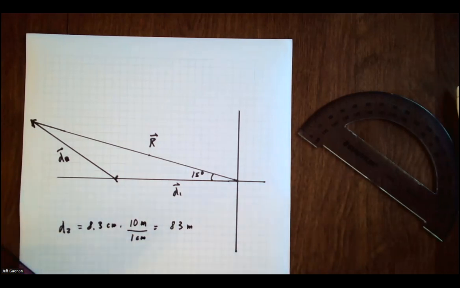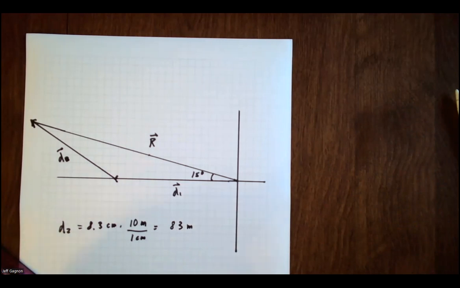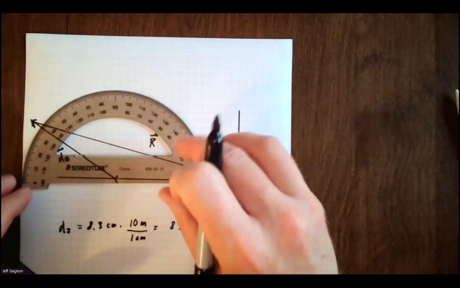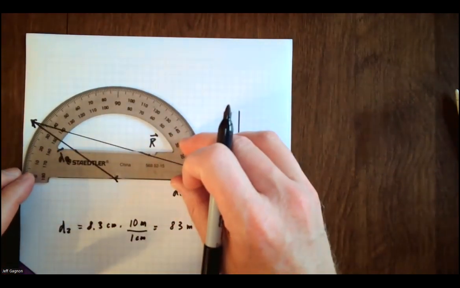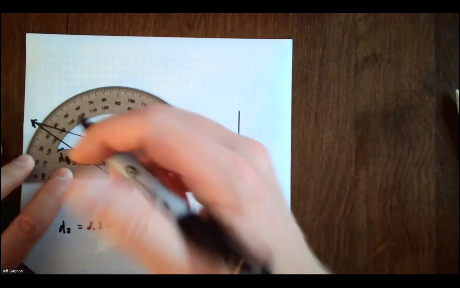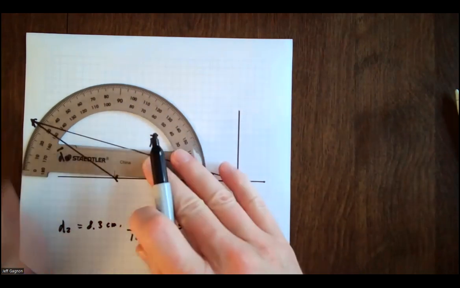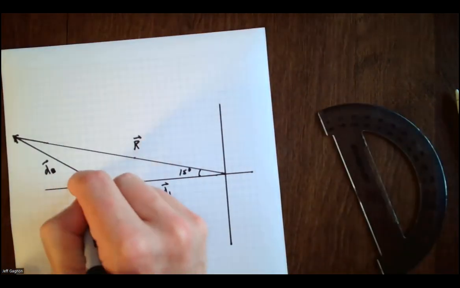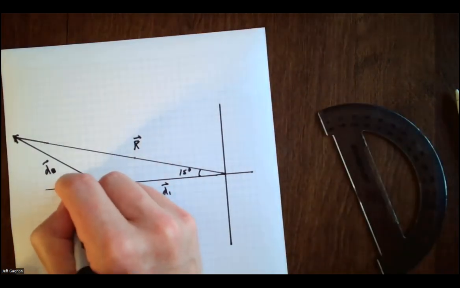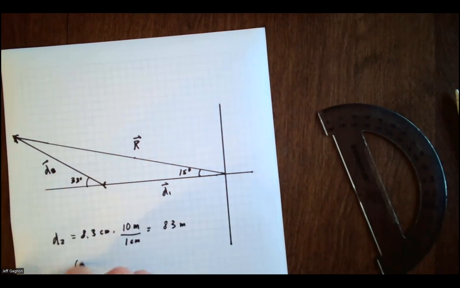And then to figure out the angle, I can just measure this with a protractor. And it looks like it's around maybe 33 degrees. So this angle here is like 33 degrees.